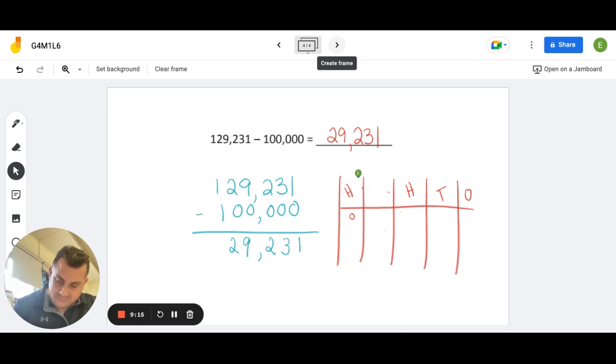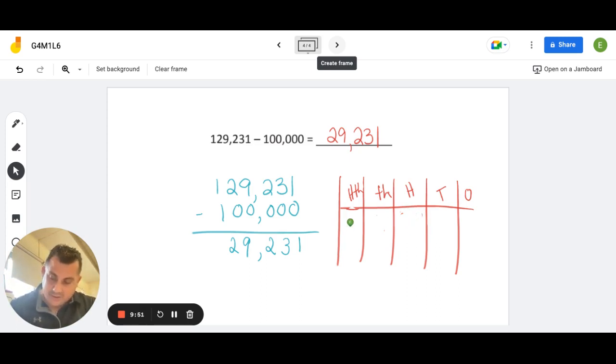I left off a place value. Thousands, 100,000. So now we had 1 in the 100,000, 2 for the 20,000. 9 hundreds. Nope. I'm going to chop this whole part off, and this is what happens when you rush, but I don't want to start over.